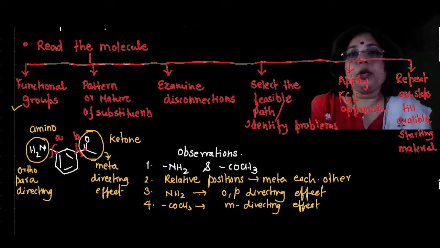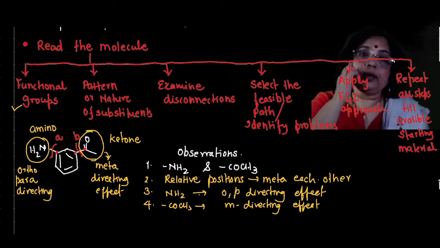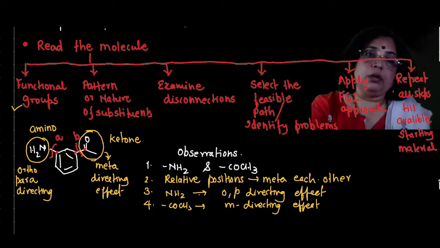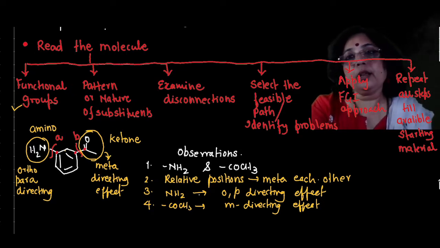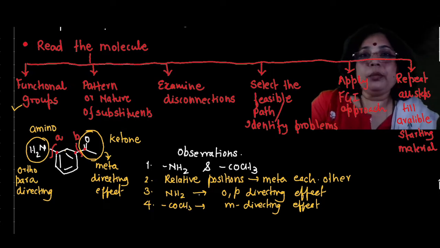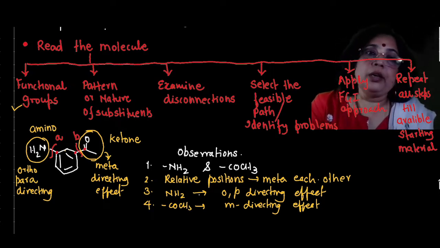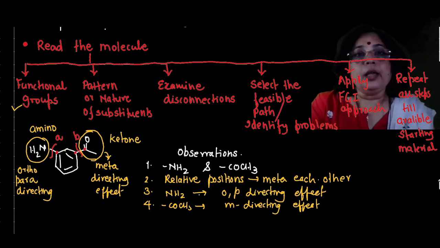Now, the most valuable information we got from this observation is that the NH2 is exerting an ortho-para directing effect, and the ketonic group exerts a meta-directing effect. With this information, we can proceed to our next guideline, that is, we have to examine the disconnection approach over here.